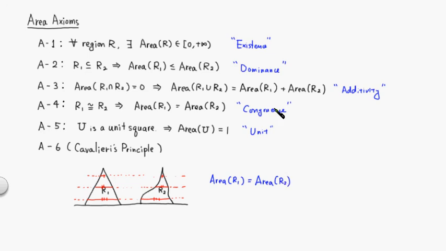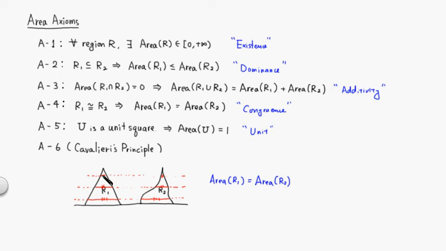So basically, if you keep the same length, you can slice things over and still maintain the same area. So that's called Cavalieri's principle.